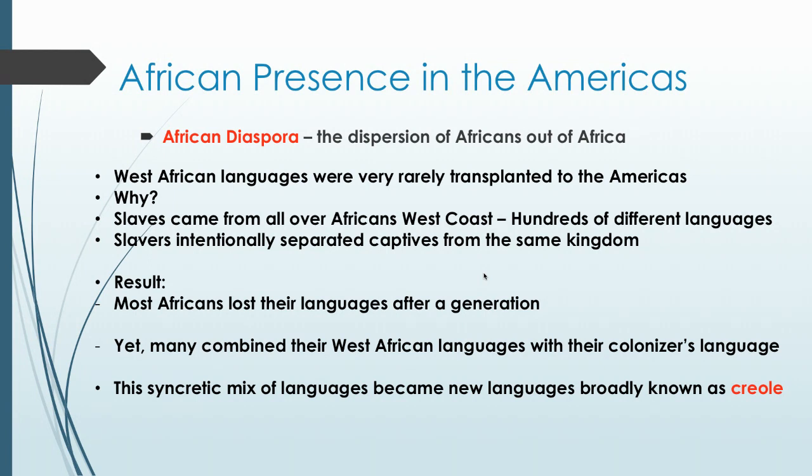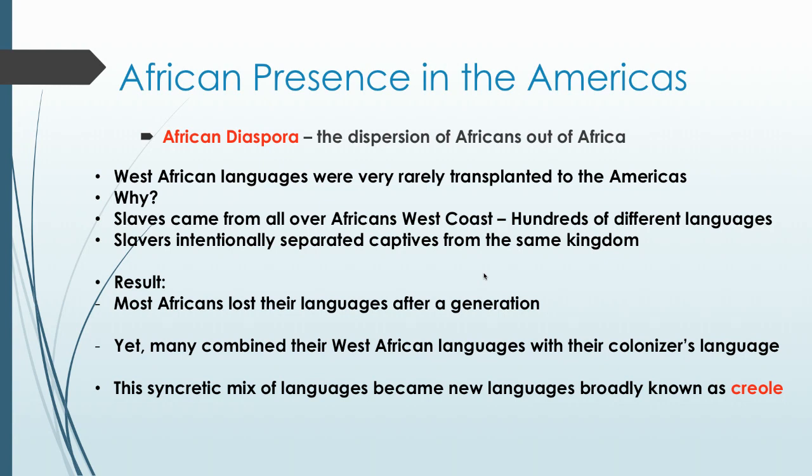We have these syncretic languages that emerge, which are a mixture of West African languages and the language of their colonizer, whether it's English or Spanish or Portuguese. So we have all of these new languages that are mixtures of West African languages and English, Spanish, Portuguese, etc. These all together are called Creole. These are all these mixtures of syncretic languages.